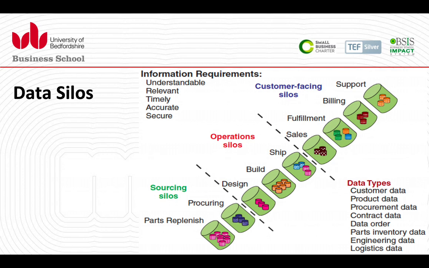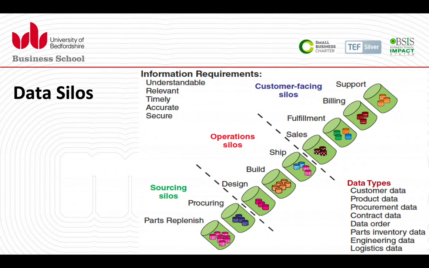When we talk about the sourcing silos, we know there are different parts to be replenished, or procuring to place orders for procurement. How can we do that, not just each one separately? Can we integrate them?